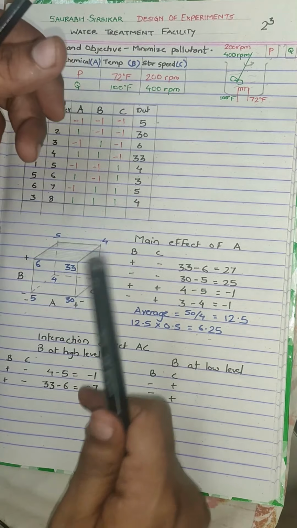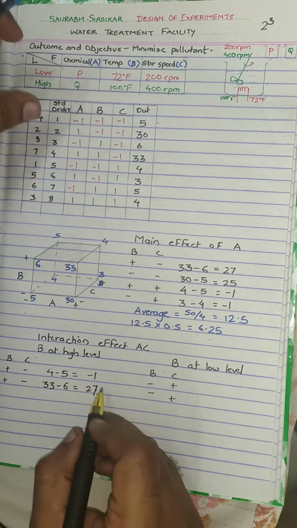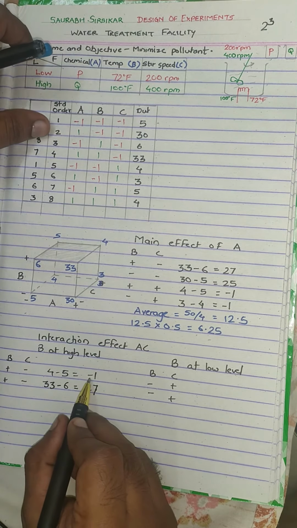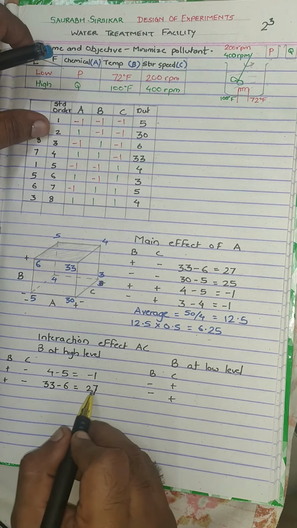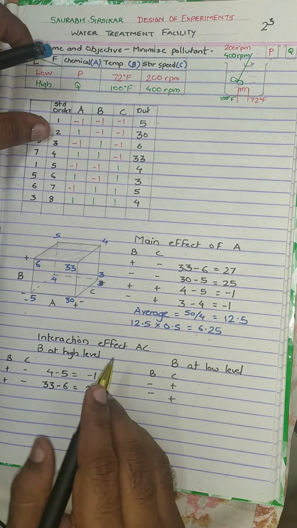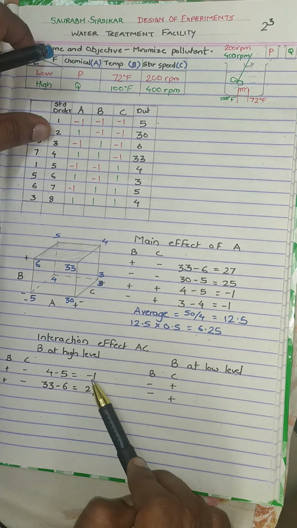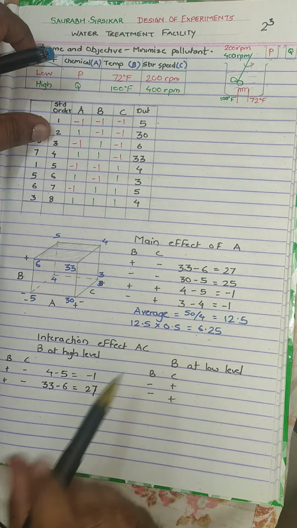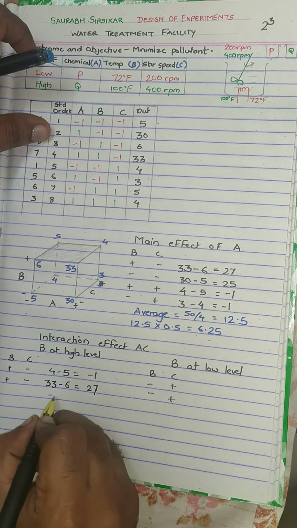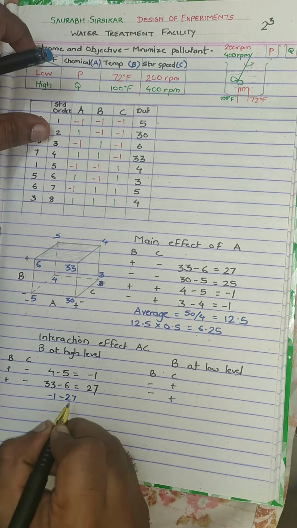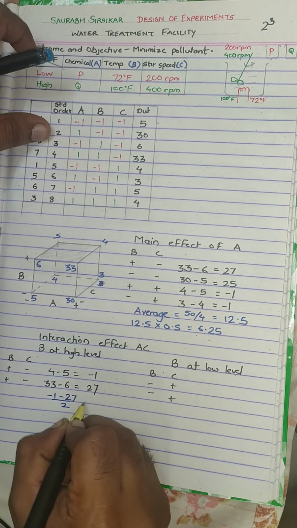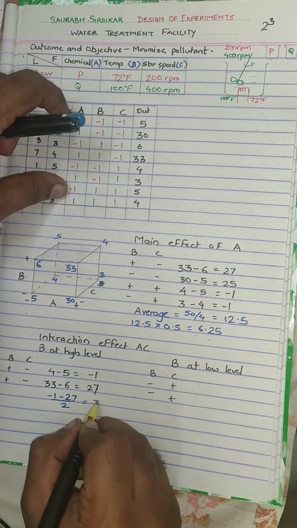So next, what do we do? Whenever we are calculating interaction, we take the difference of these differences and divide it by 2. For main effect, we directly take the average, but here we take the difference between the differences. So I will do minus 1 minus 27 divided by 2. So this will be minus 14.